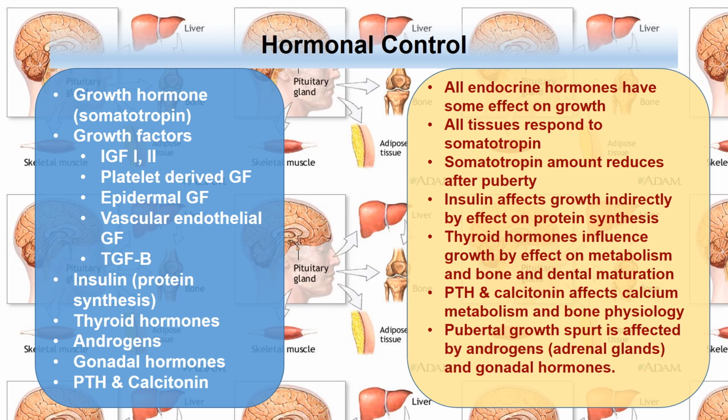PTH, parathyroid hormone, and calcitonin affect calcium metabolism and thus have an effect on bone physiology. Now, the pubertal growth spurt is affected by the androgens, which are secreted by the adrenal glands, as well as the gonadal hormones.